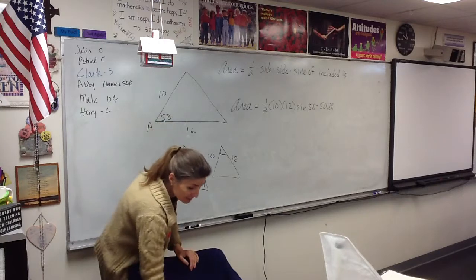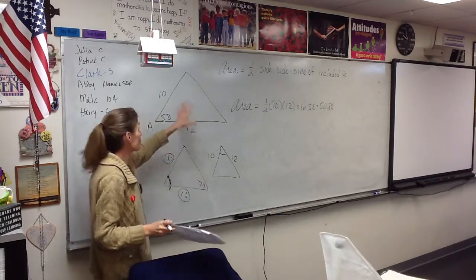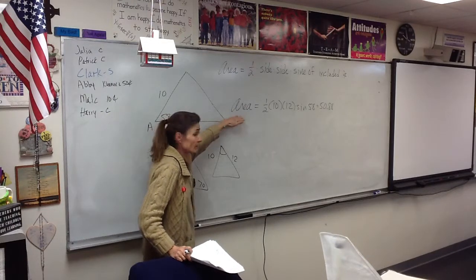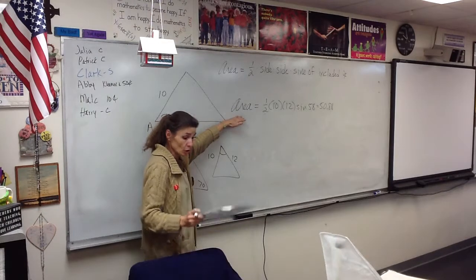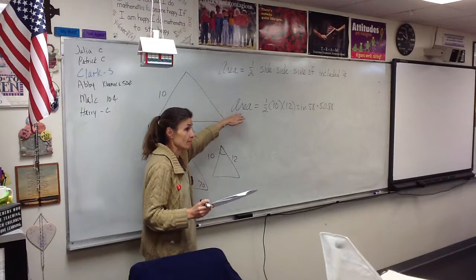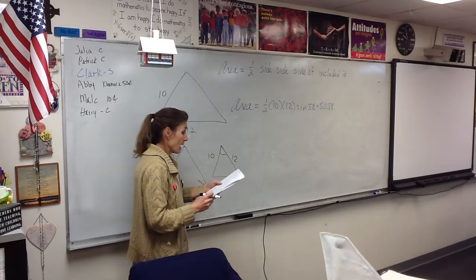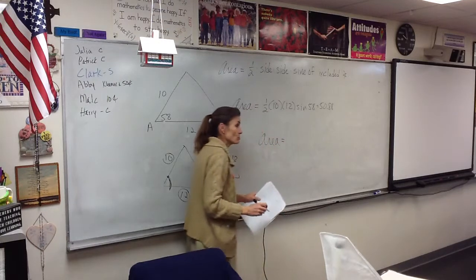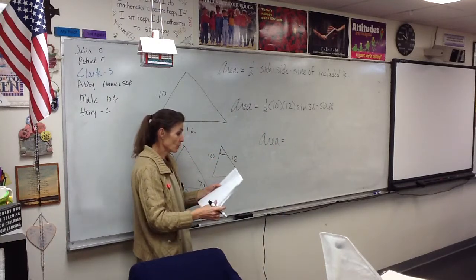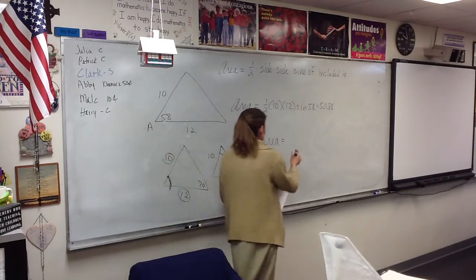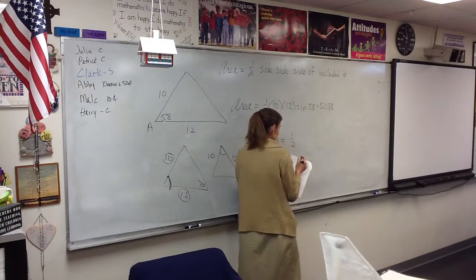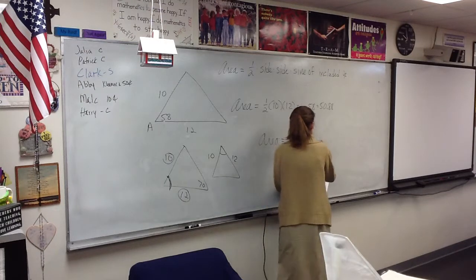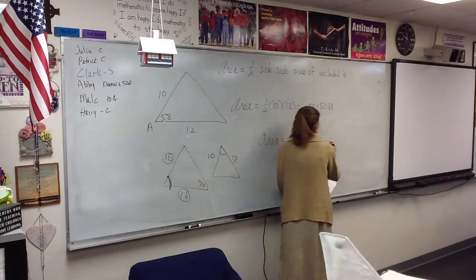Does anybody question this? I know you've never seen that formula before, but once you get that formula learned, are you good with this? Look at problem number C. What would you say the area of that triangle is going to be? Look at C. What is its area going to be? 1/2 times 16 times 15 times sine 84.